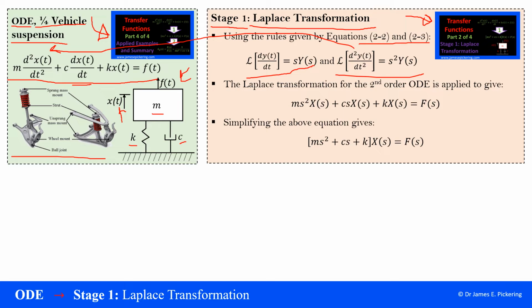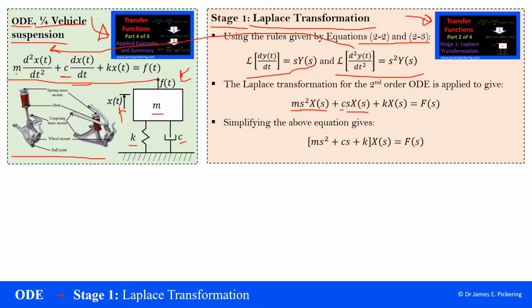So if I'm looking at this equation, you can see here we've got m. Then we've got s squared X of s, because we've just transformed the second derivative, plus c, your damping coefficient, and then the dx of t over dt becomes s X of s.